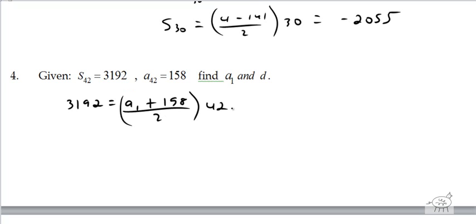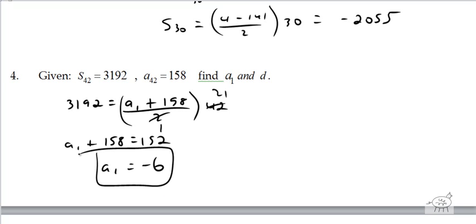And I'm just solving for a sub 1 now. A couple of things you can do, right? I can cancel this out, this is a 1 and this is a 21, and I can divide everything by 21. And I get a 1 plus 158. There are a lot of ways to solve it, but you guys are good. That gives us 152 if I divide 3192 by 21. Then I subtract 158, and I get a sub 1 is -6.